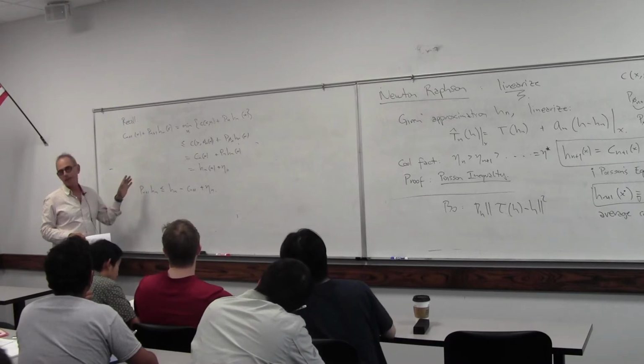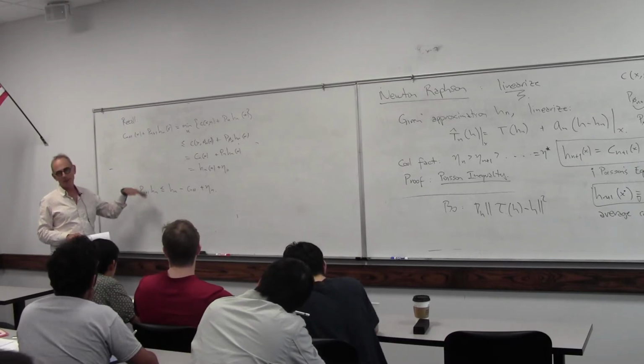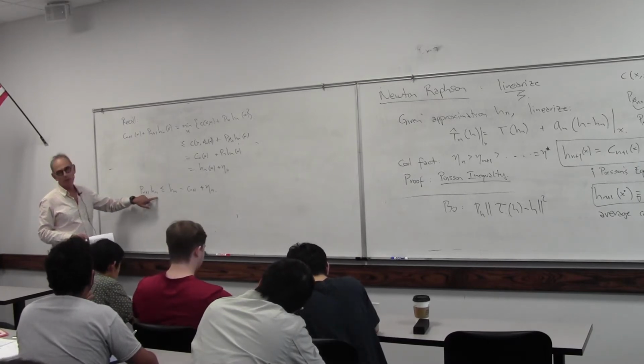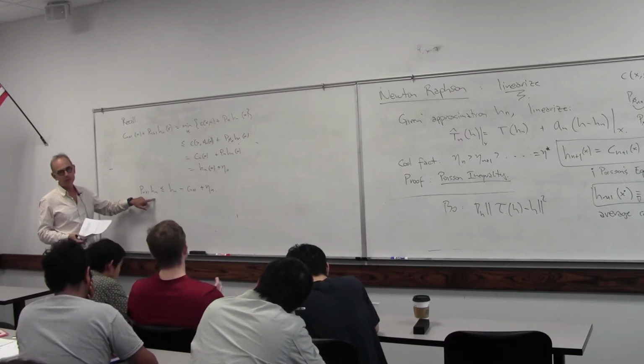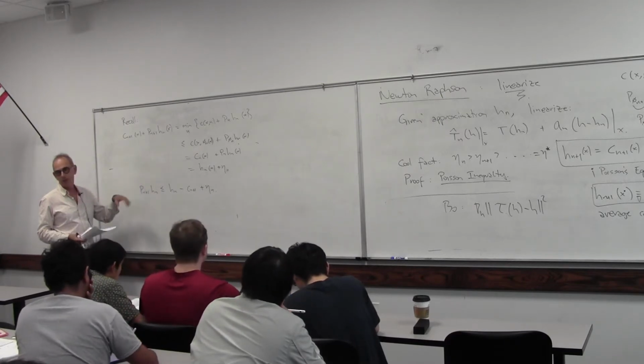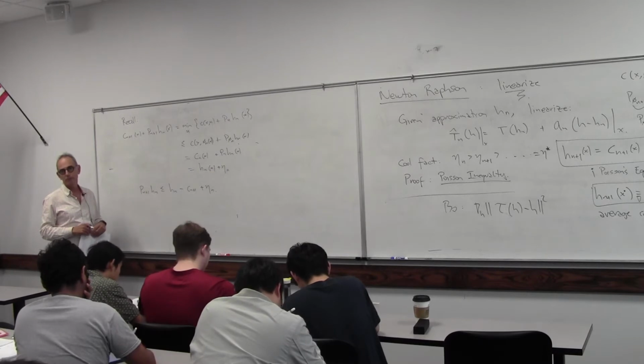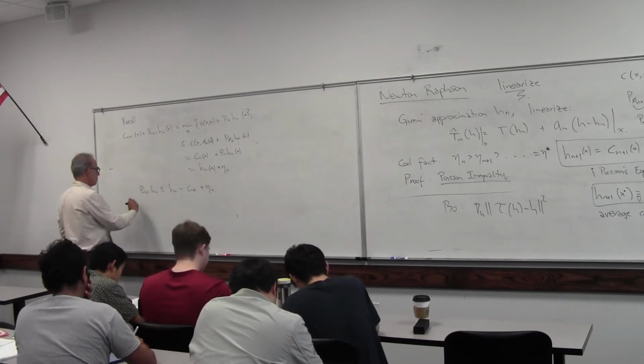Now, if I'm in a finite state space setting, I can always just add a constant. I can assume Hn is positive. It doesn't matter. I can always add a constant and make it positive. So Hn serves as a Lyapunov function.